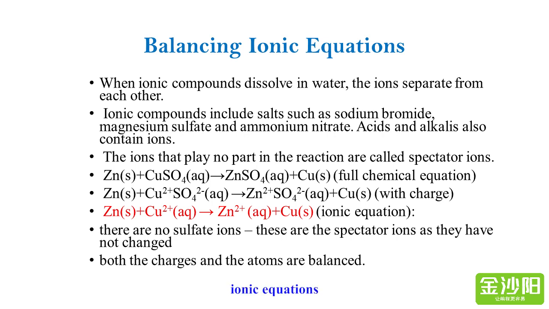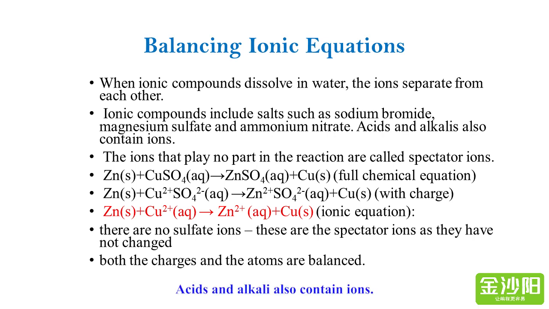Balancing ionic equations. When ionic compounds dissolve in water, the ions separate from each other. For example, sodium chloride dissolves in water to form sodium ion and chloride ion. The equation is like this on the slide. Ionic compounds include salts such as sodium bromide, magnesium sulfate, and ammonium nitrate.